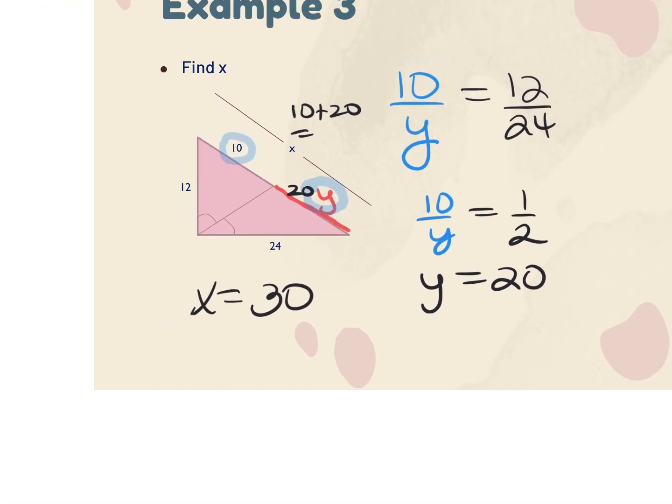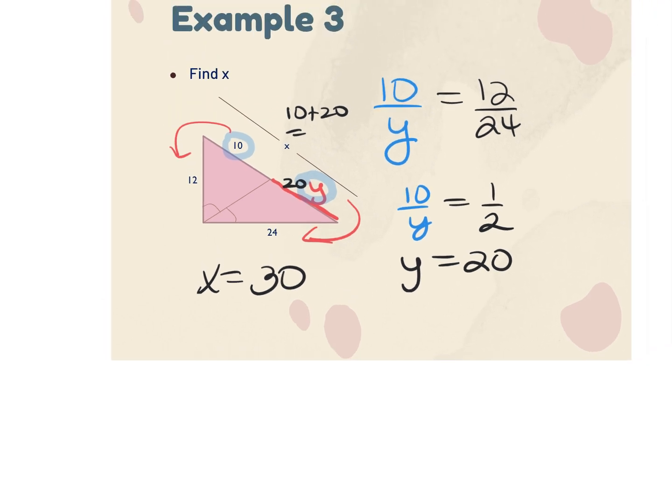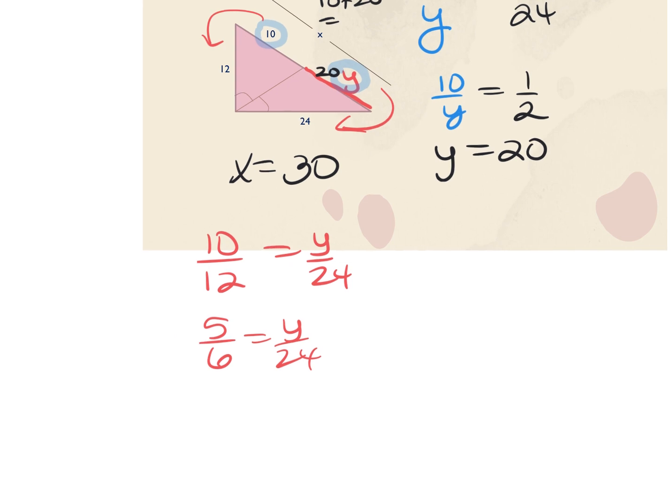Now, you could have also set up your proportion. You could do the 10 over 12, and then the y over 24, you can set it up that way as well. But the way I just set it up was the way it was officially presented in the example of the notes. So if you wanted to do it that way, you would have done 10 over 12, y over 24. Again, I would simplify this, 5 over 6, y over 24.